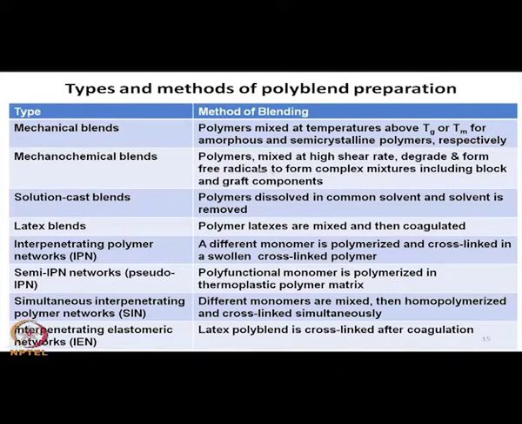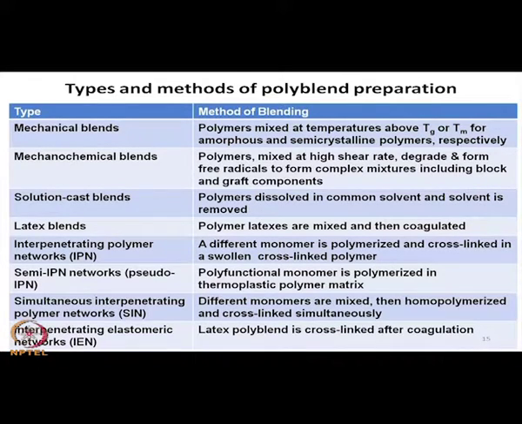So, this way by mechanically mixing two polymer components, and during such mixing at high shear rate, what happens? Chemical bonds are broken, that means the polymer molecules are degraded. During such degradation, during the breaking of the polymer chemical bonds, free radicals are created.